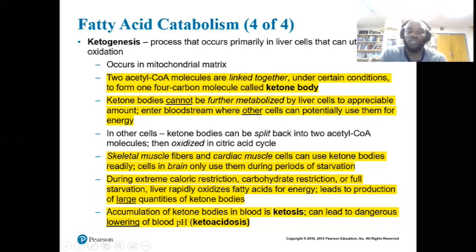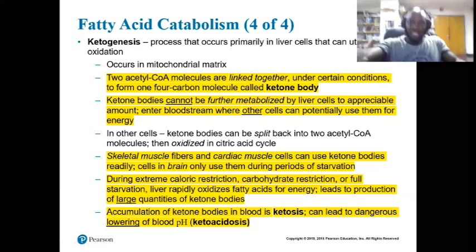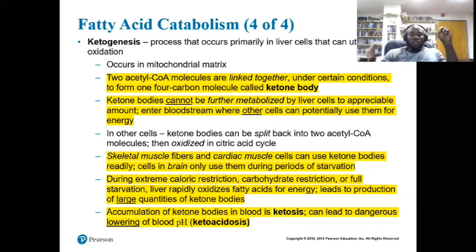Skeletal muscle fibers and cardiac muscle cells can use ketone bodies readily. Cells in the brain only use them during periods of starvation. Your brain normally uses glucose, not ketones, but it can use them under certain conditions.